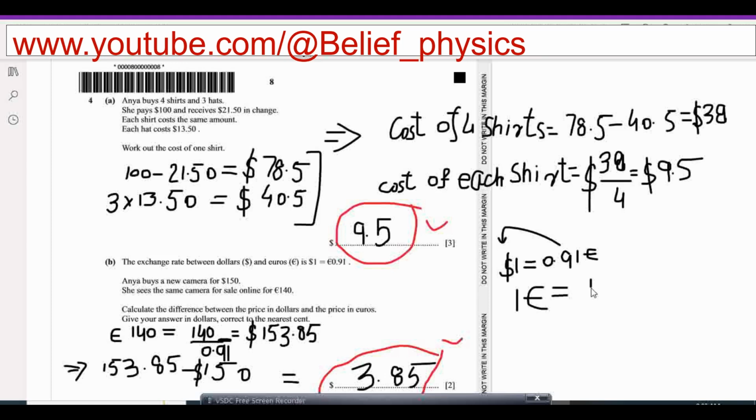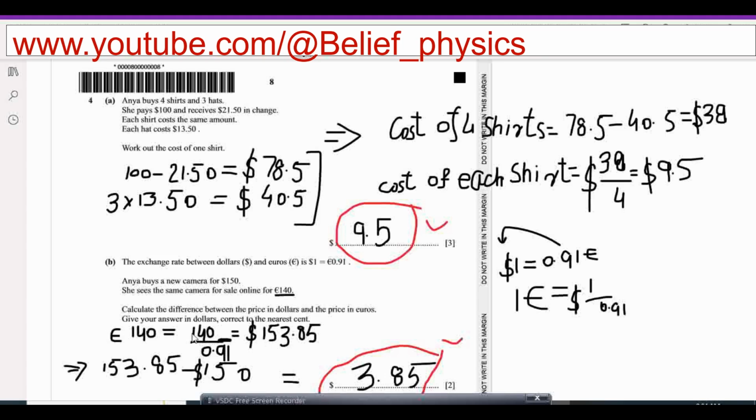So we get 1 over 0.91 dollars. So 1 euro will be equal to 1 over 0.91 dollars. Therefore, in order to convert 140 euros into dollars, we multiply by 1 over 0.91, or in other words, we divide 140 by 0.91. When we divide 140 by 0.91, it comes out to 153.85.